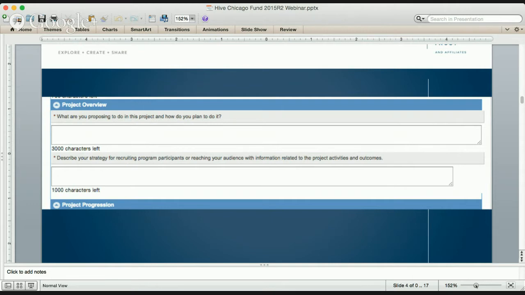Imagine that you're telling your mom about this project, so that an individual who doesn't have a clue about what you're planning to do will have a really clear sense of what you're planning to do and what some of your goals are. Great, and it's got a 3,000 character limit, so hopefully that's good. But we do value brevity. We do value brevity. So just keep that in mind.